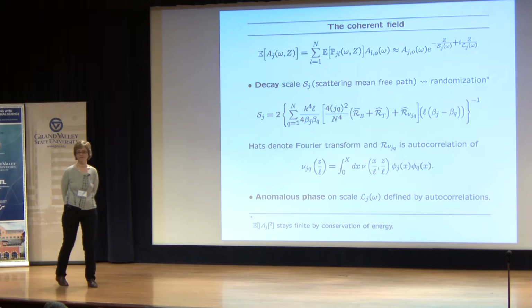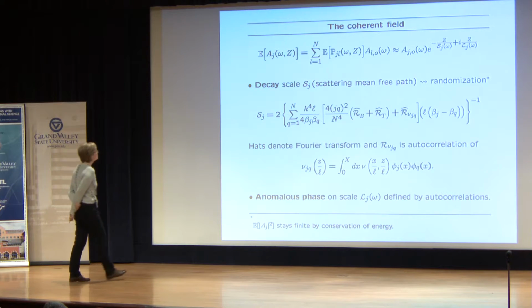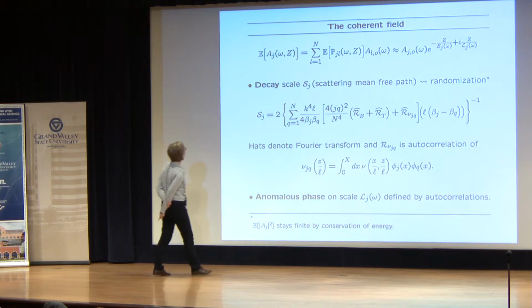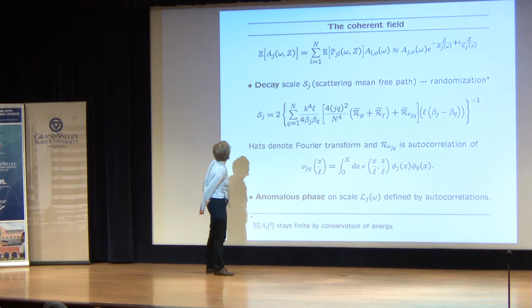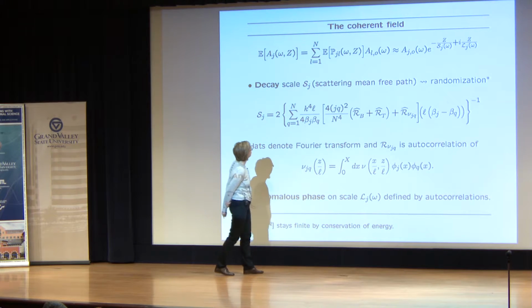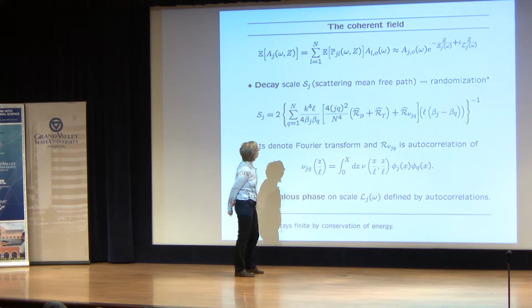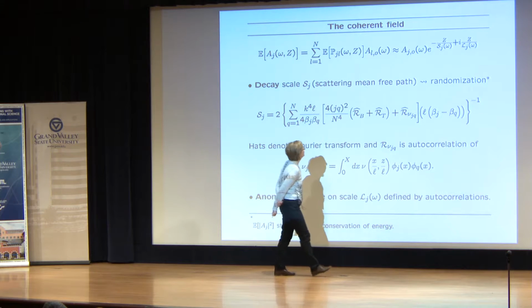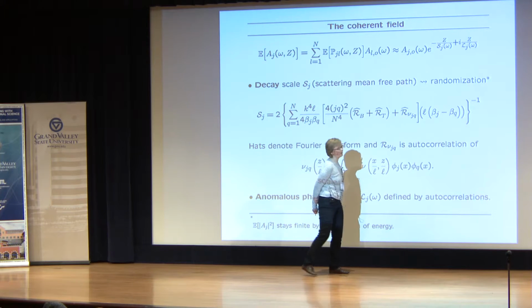Okay, so let's see what the coherent wave is. Here I show you how the expected amplitudes of the modes look. And you see that the expectation of the mode amplitudes is equal to what the mode amplitudes would be.